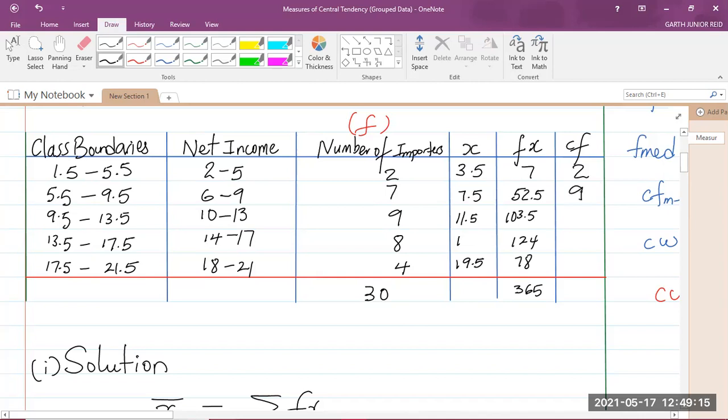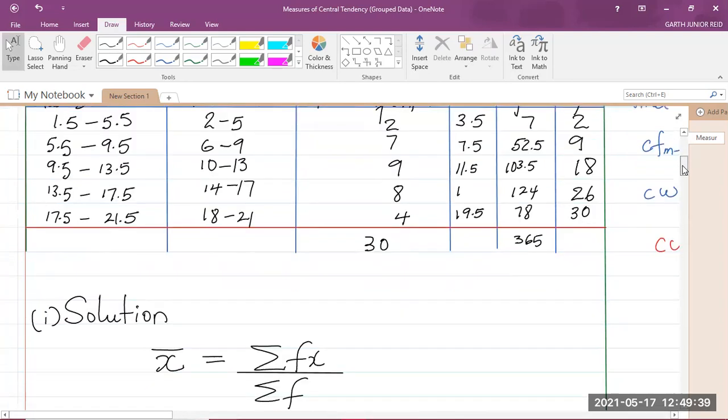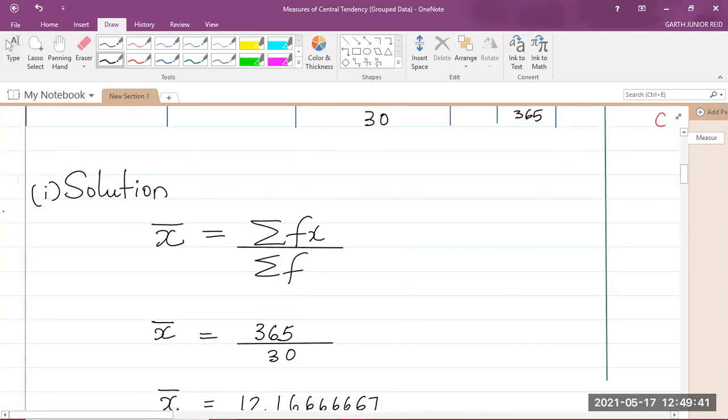Then 9 plus 9 gives us 18. Then we add 18 to the 8, which gives us 26. And then 26 plus the 4 is 30. We don't really need the sum of those values, so we can proceed. So this is the part A solution.